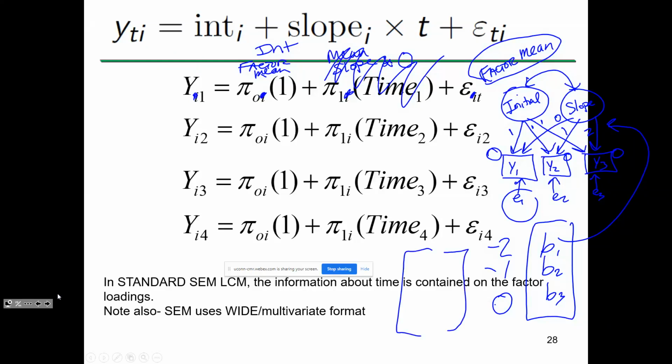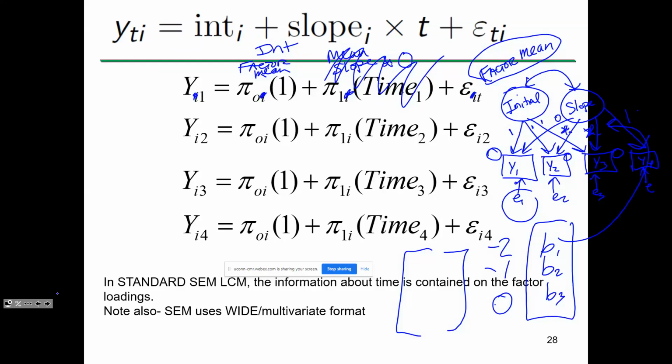Let's say we have 4 time points. You could put 0, star, star, and then 1. This model would actually be identified, so you could have 0, freely estimated loadings, and 1.